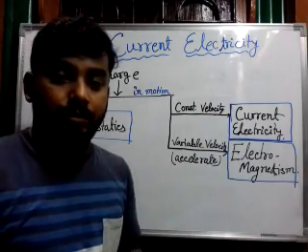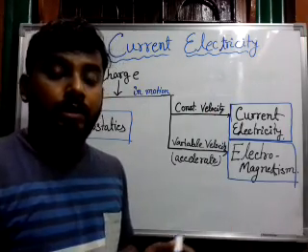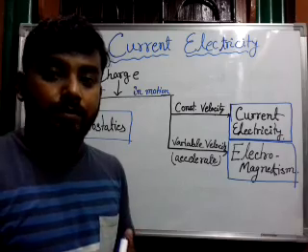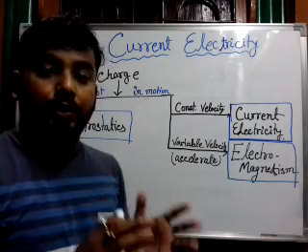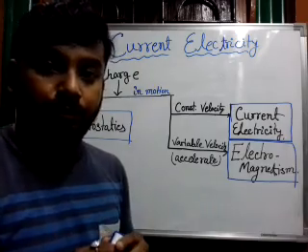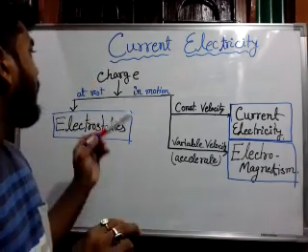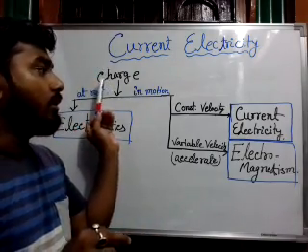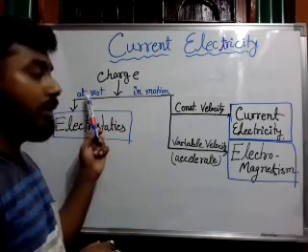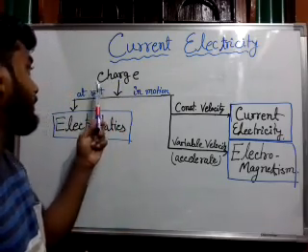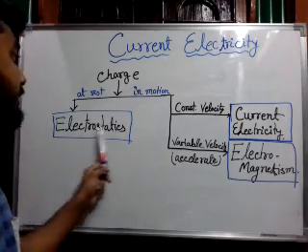What is current electricity? Current electricity is the branch of physics which deals with the effect of charge in motion. Okay? In the previous chapter, we learned about charge at rest. When charge is at rest, we deal with electrostatics.